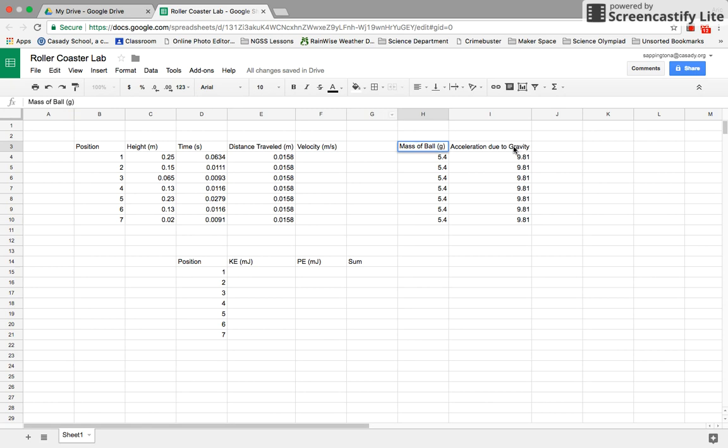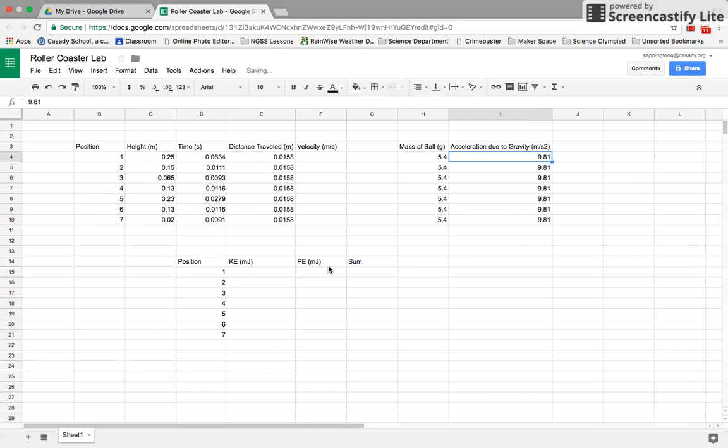And I should say that this is meters per second squared. That again, and it'll fill that out. Now I have another data table down at the bottom, which is the data table you have on your sheet, and we'll get to that in a second.